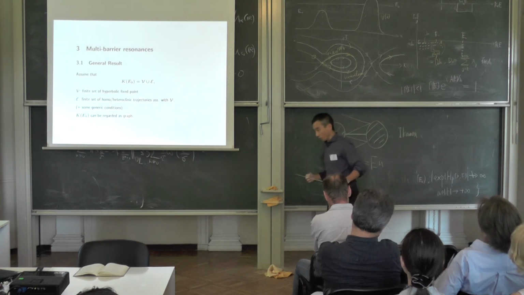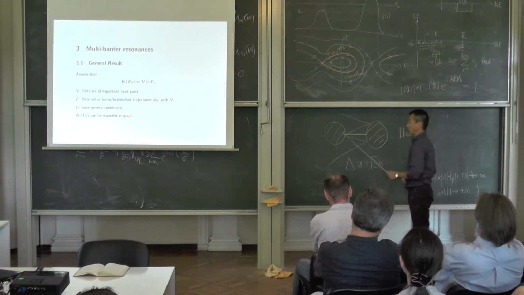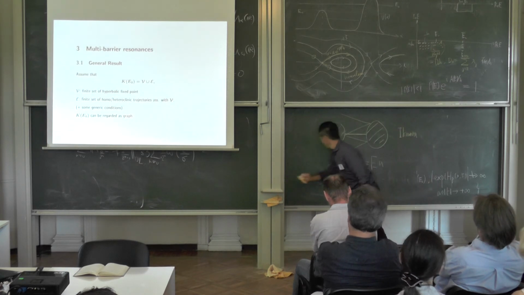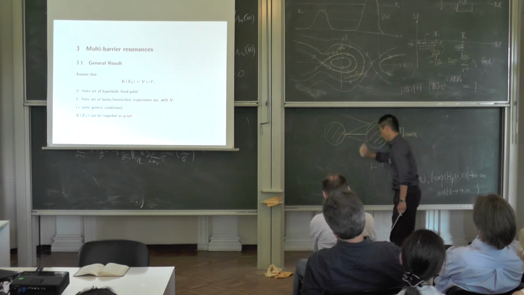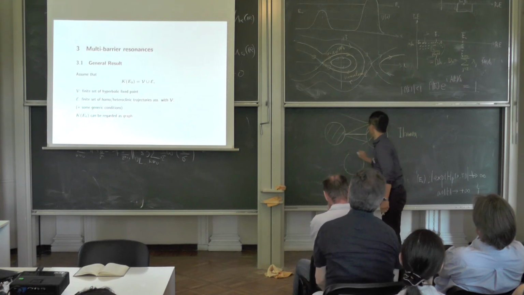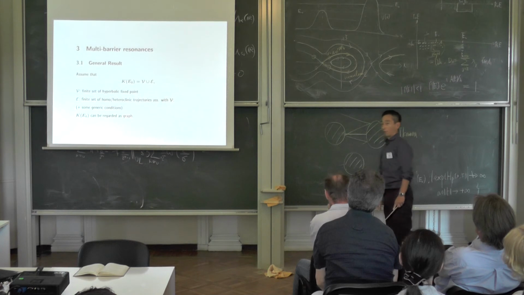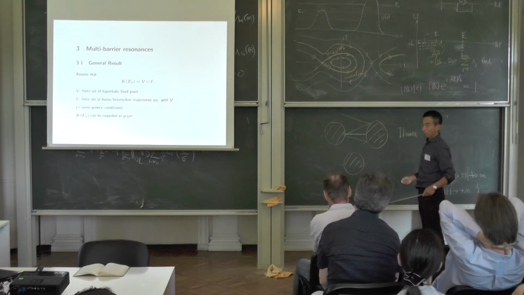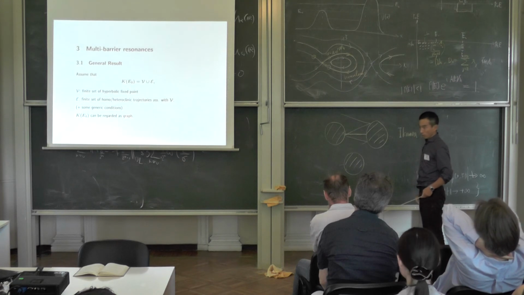But it is very natural to consider, after this example, the example of three convex obstacles. Okay? What happens in such a case? It should be the same, but not at all.